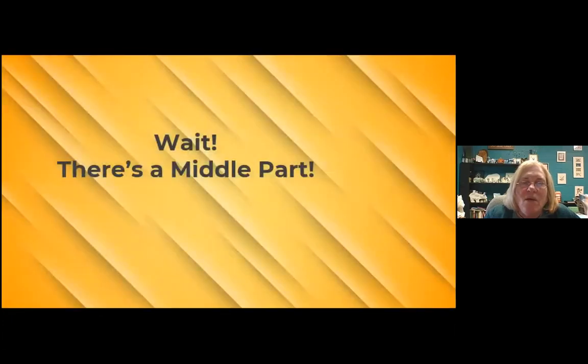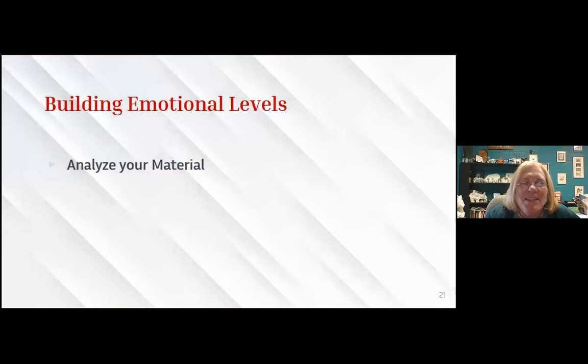Okay. Oh, wait. Caution, yellow. There's a middle part. You don't just have beginnings and endings. You do have a middle part of your performance preparation. And that's where you decide how to build the emotional levels within your piece. And I'm going to tell you over and over again, analyze your material.